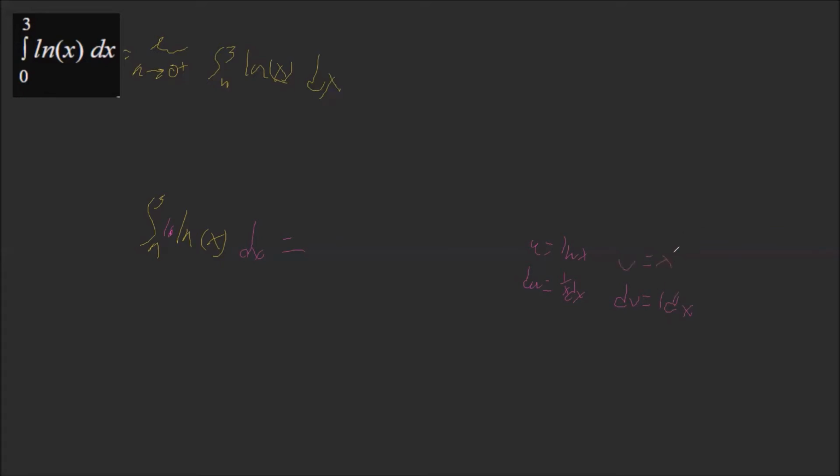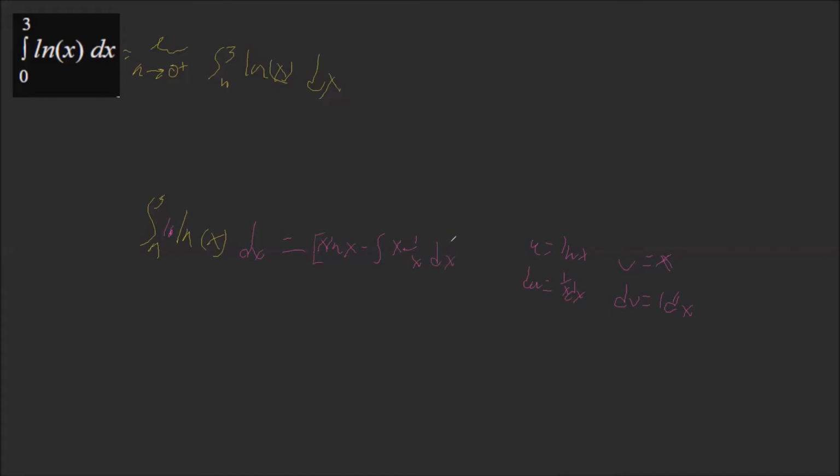So from here, we can just use the formula uv minus the integral of v du in order to solve this. And so we can say that the integral from n to 3 of natural log x dx is equal to uv, therefore x natural log x, minus v du, that being x times 1 over x dx.